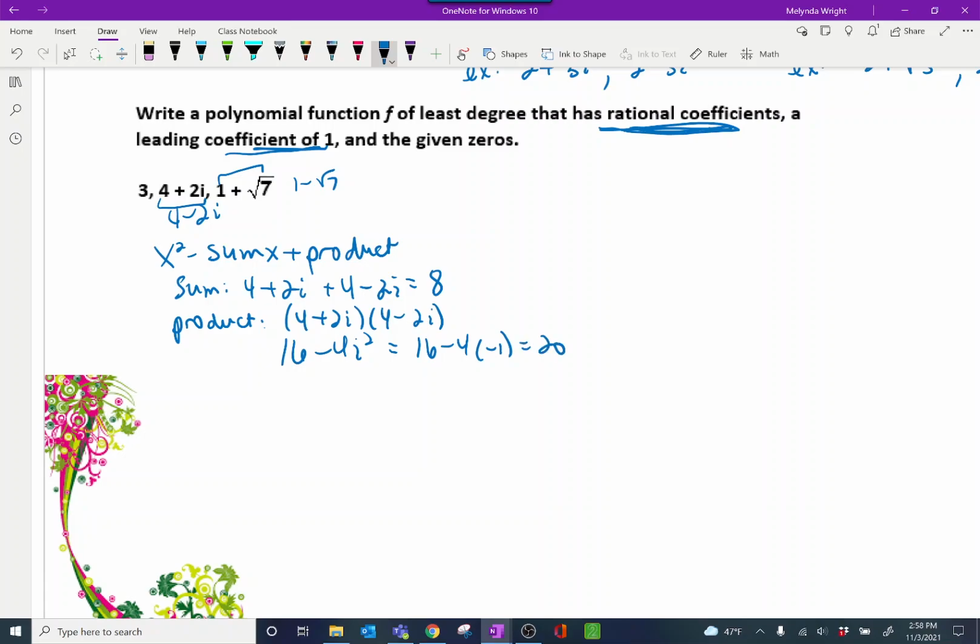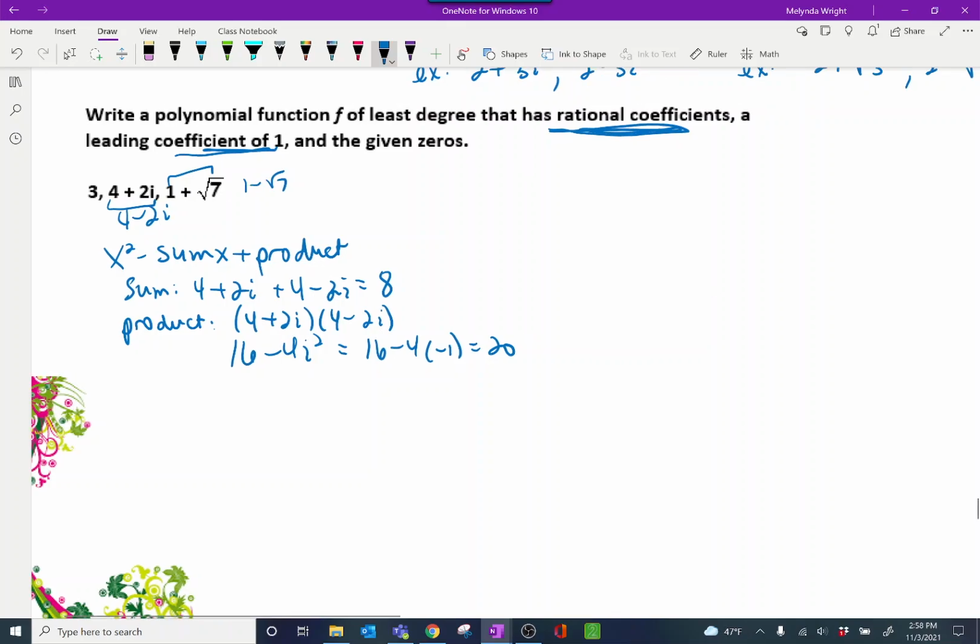Okay, so let's write that. Let's come over here. Let's write that polynomial. So x squared minus sum x plus product. Okay, that will generate the zeros 4 plus 2i, 4 minus 2i. And while we're at it, we might as well write down the factor that generates the 3.